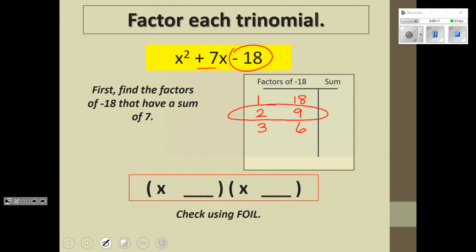Again, we need one of them to be negative because they need to multiply to become a negative. Since we want a positive 7, I want my 9 to be positive and my 2 to be negative. Because when you add a negative 2 and a positive 9, that results in a positive 7, and when you multiply them, you get a negative 18. So our two binomials would be x minus 2 and x plus 9.